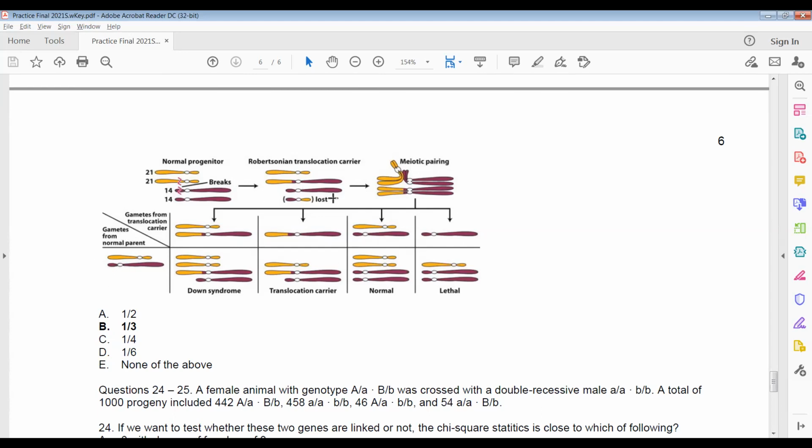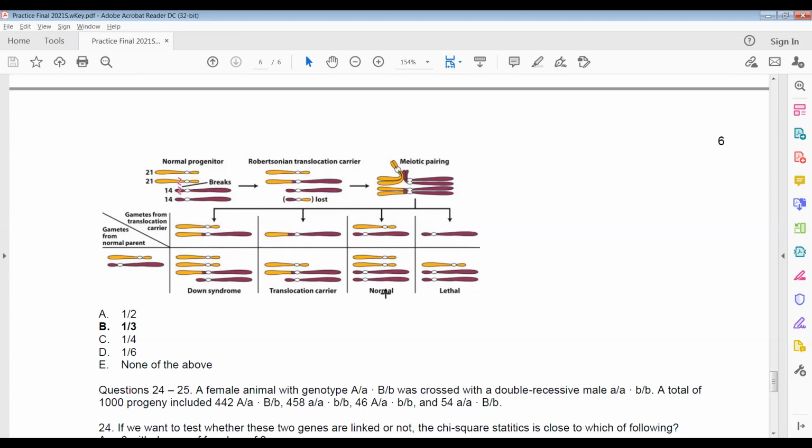The kids from this marriage will have 4 possibilities like this, 1, 2, 3, and 4. But this one is lethal. We have talked about this. So you will not see any born children carrying this lethal genotype. So kids from this marriage only can show genotypes here, here, and here.